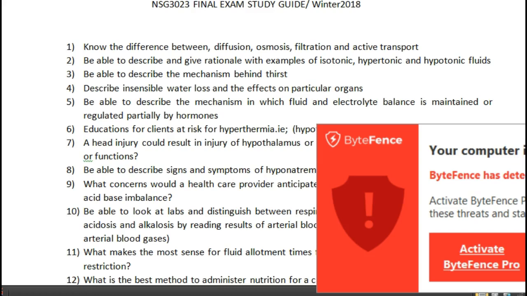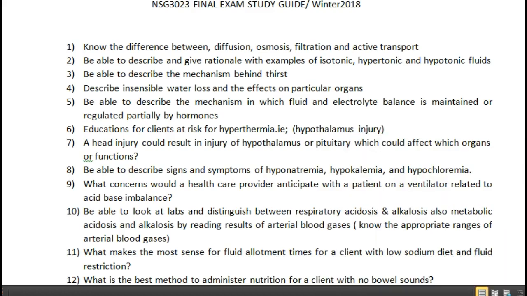And then the next thing that you need to look at is hypochloremia, which is a low chloride level. Sometimes you'll see that with various types of acidosis.